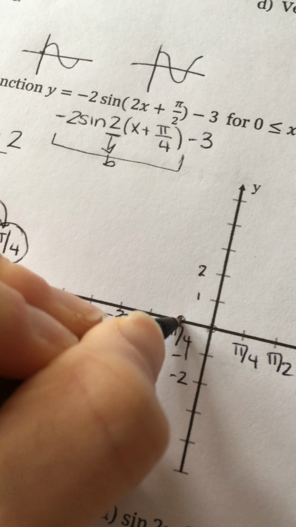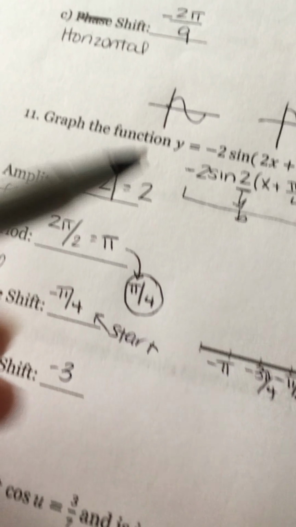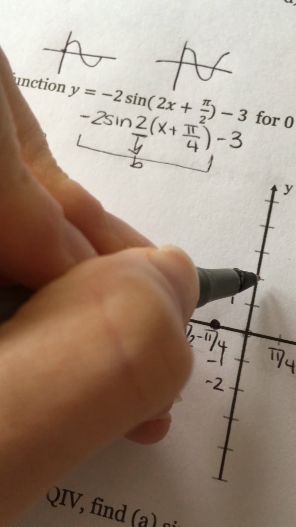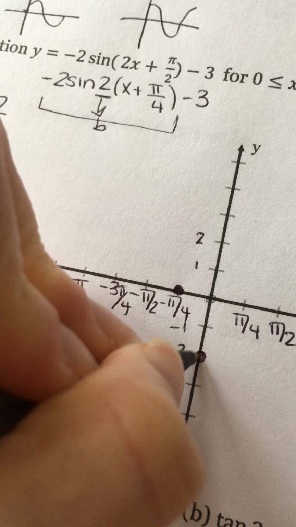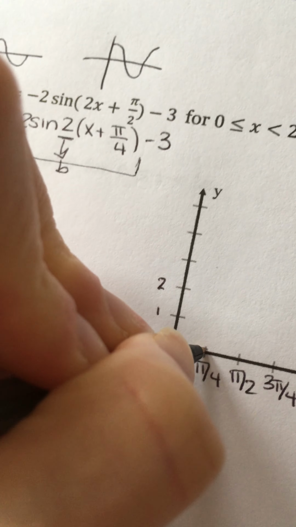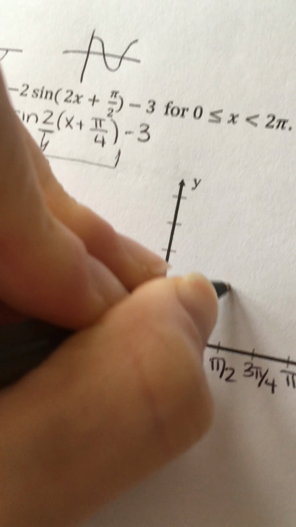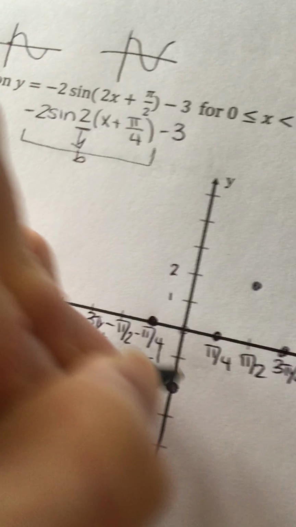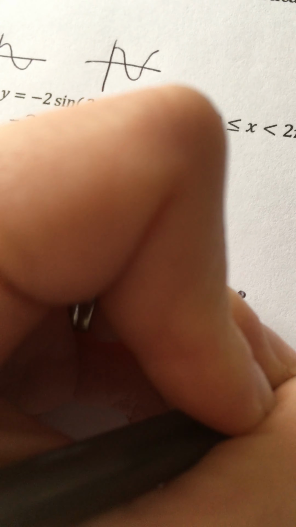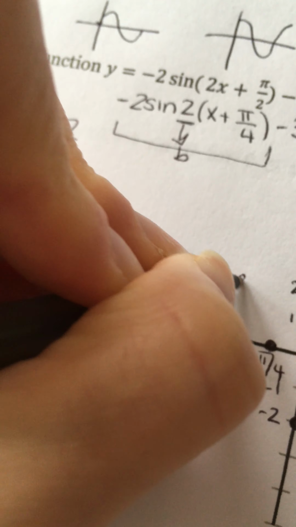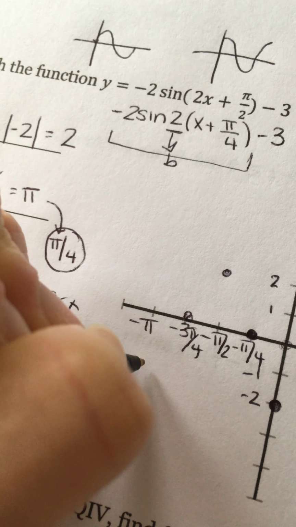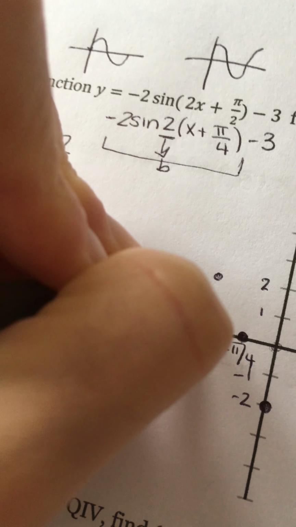My amplitude is 2. So typically I would go up to 2, but because I'm flipping it, I'm going to go down to negative 2. We're going to follow our pattern. I know I have to do the vertical shift, but I will do that in a second. Just follow our pattern as we go.